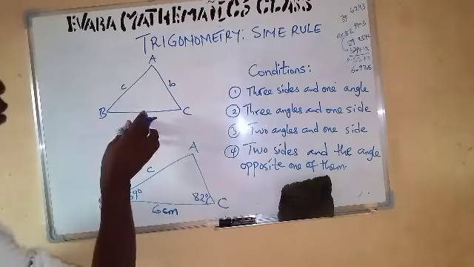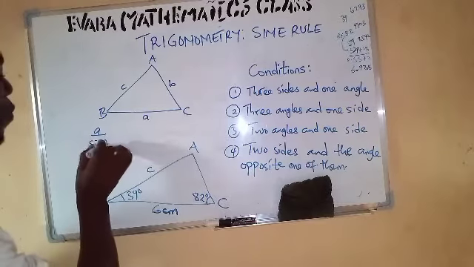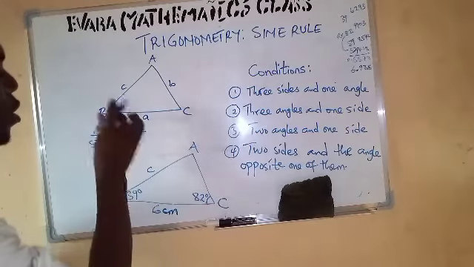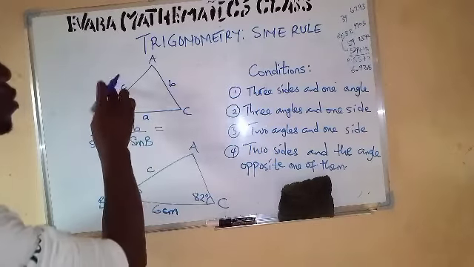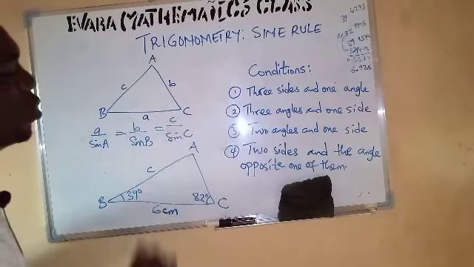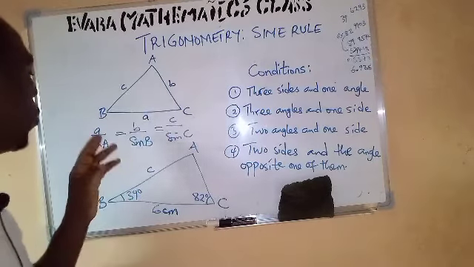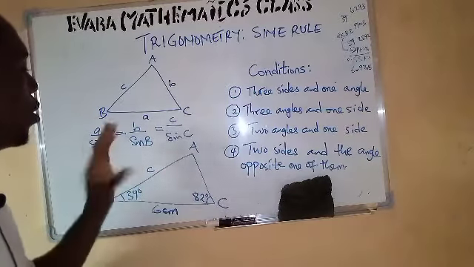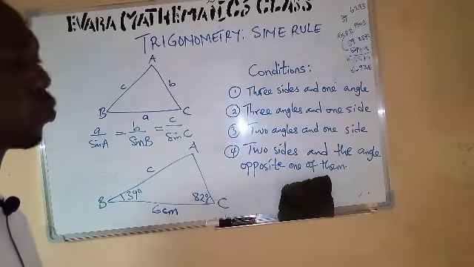That means this side a over sine of the angle A is the same thing as this side b over sine of angle B, and is the same thing as this side c over the sine of angle C. We normally use small letters to indicate the lengths, while capital letters are used for the angles.